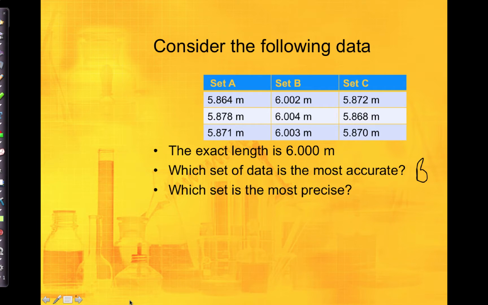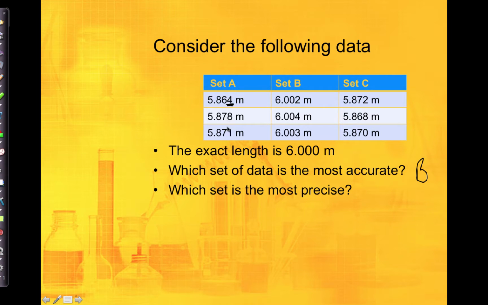Now, which set is the most precise? Well, this one is a little bit harder to tell. What you have to do is look at it. All of these numbers go out to the 3rd decimal place, and a lot of them look like they're precise, but you really need to look at it.